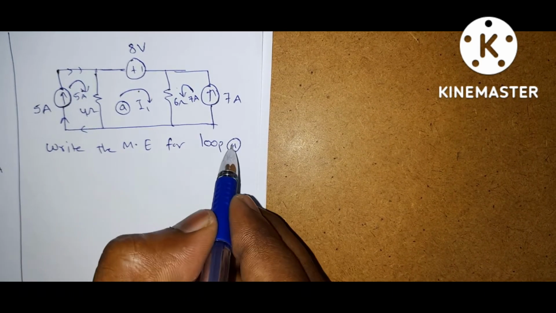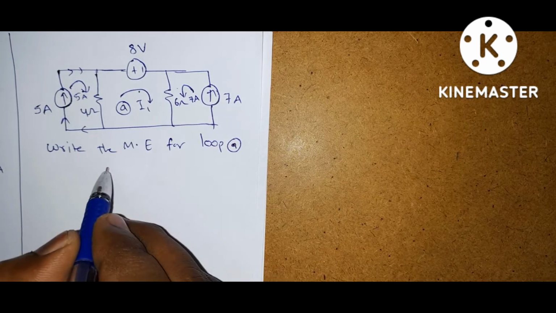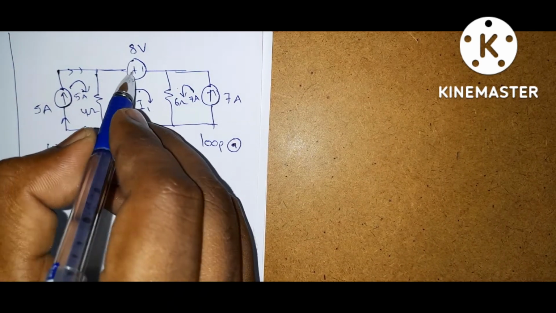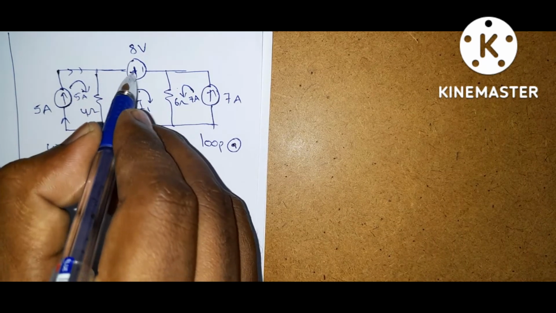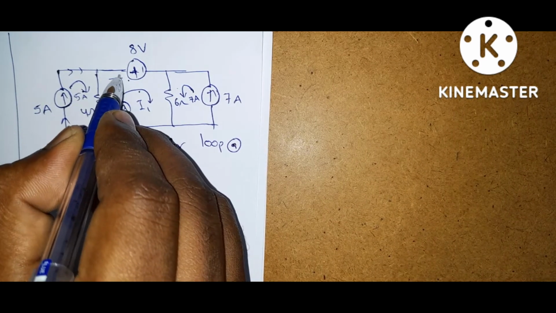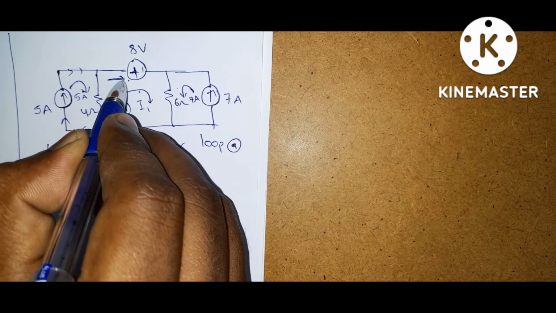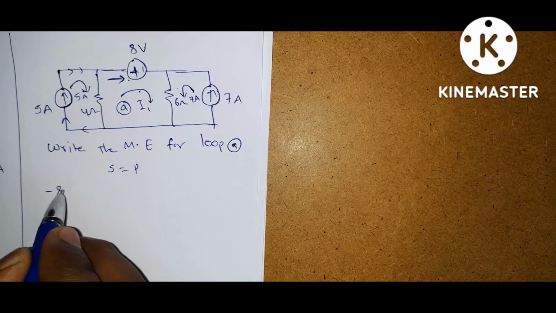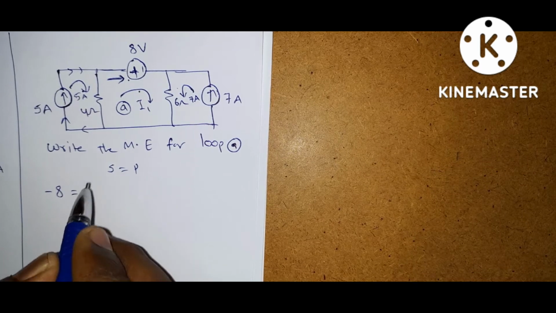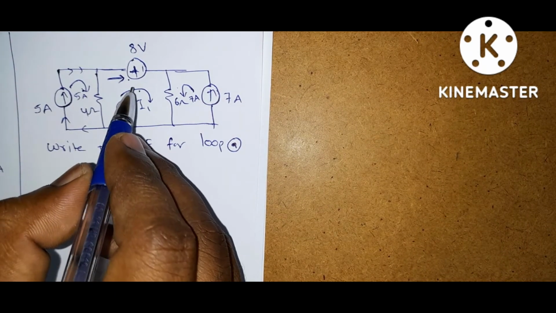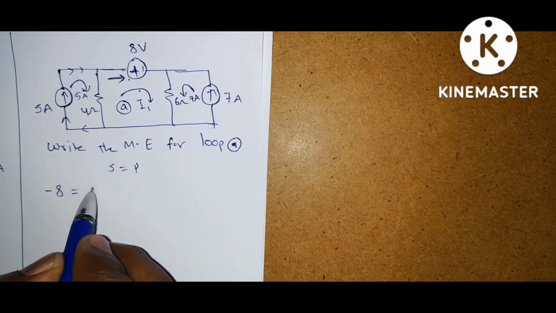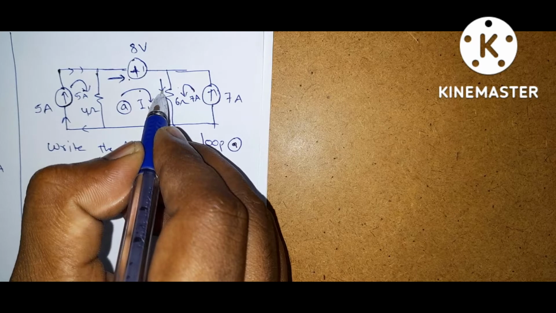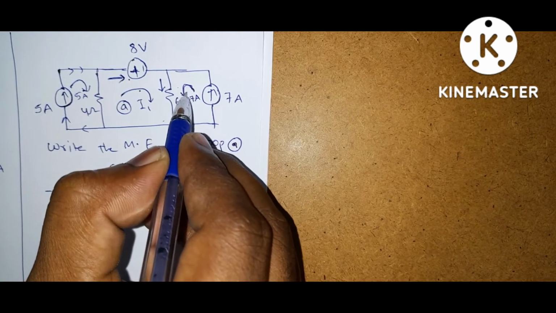Whenever you want to apply mesh analysis, sources is equal to passive elements. So here we have only one source within this loop, and the current enters the positive terminal. Whenever current enters the positive terminal in mesh analysis, take it as negative. Minus 8 is equal to, sources are completed. Now coming to passive elements, here it is 6 into I1 plus 7, because this current is coming top to bottom, and this current is also coming top to bottom.